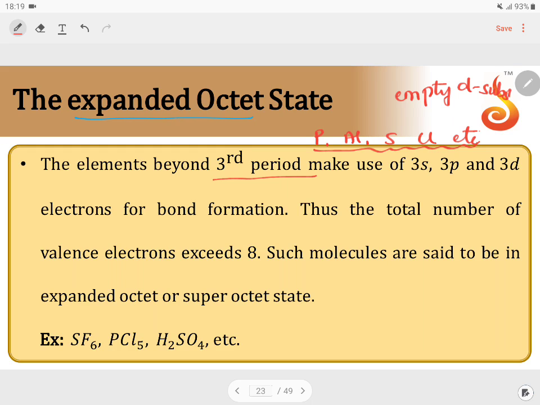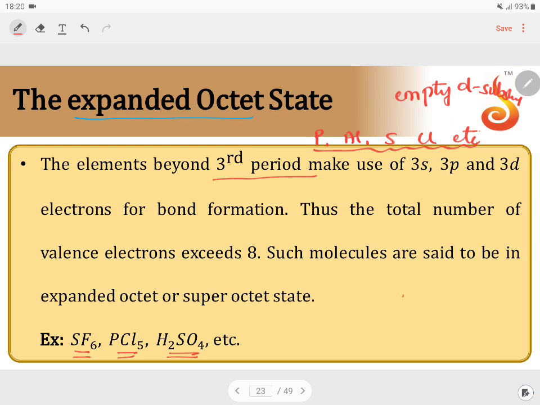The electrons are present in 3s and 3p, and after 3s and 3p we have 3d also. Whenever required for bond formation, these d orbitals are involved. Therefore, these compounds can have more than 8 electrons in their valence shell, for example SF6, PCl5, H2SO4, etc.